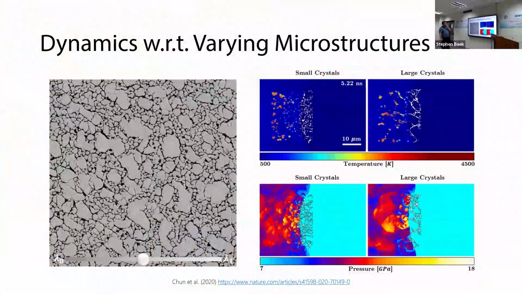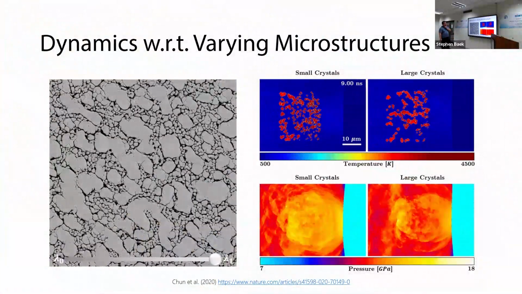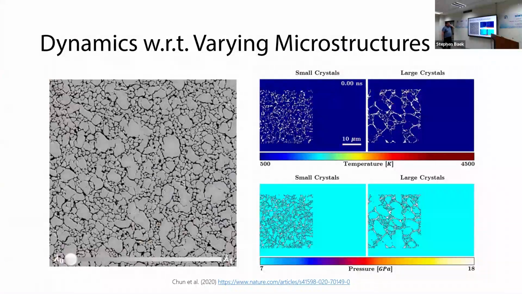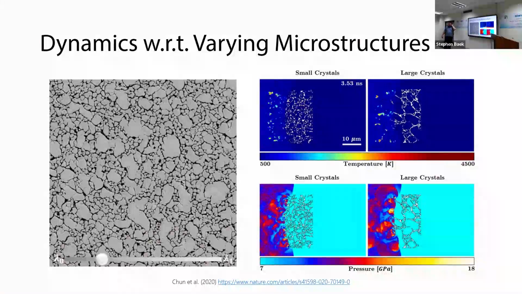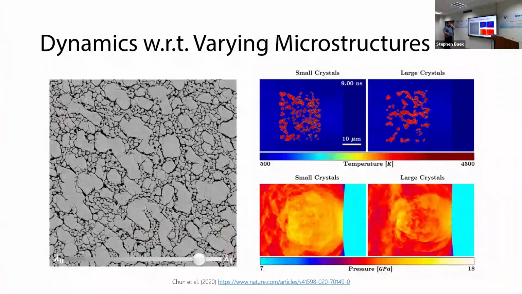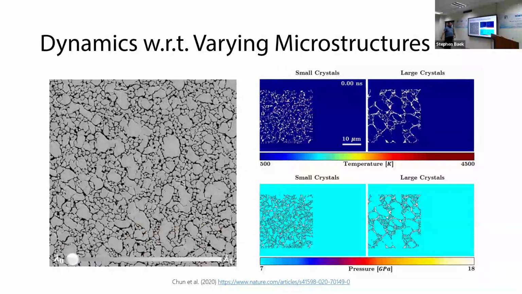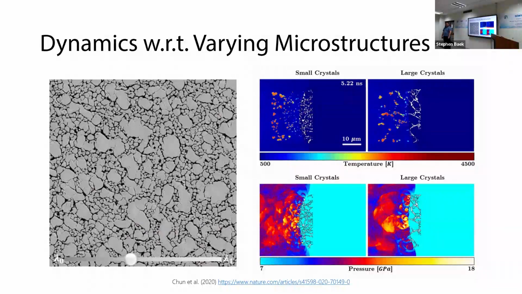This is one of the figures I showed yesterday, where we're varying the size and orientation of the microstructures, and then finding the relationship between the varying microstructures and the chemical reaction.